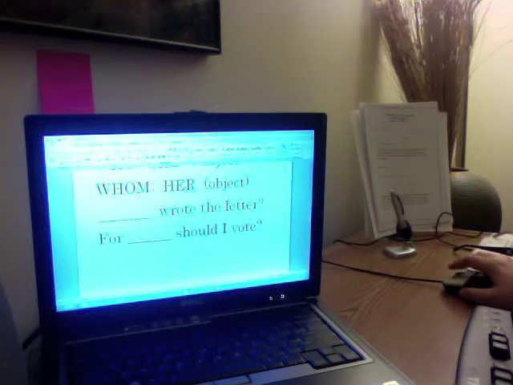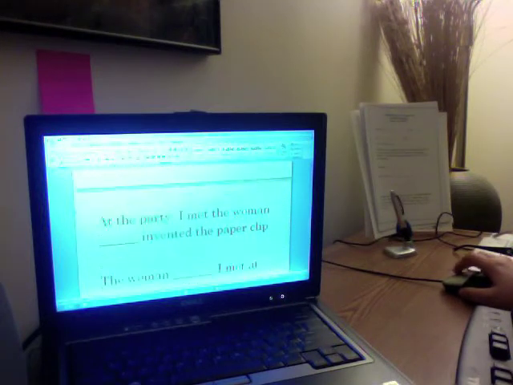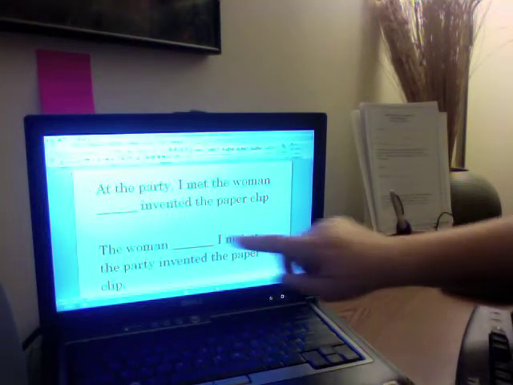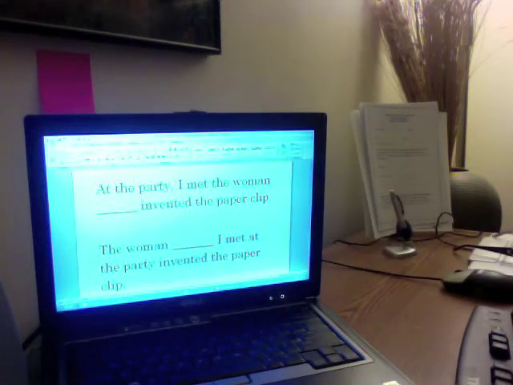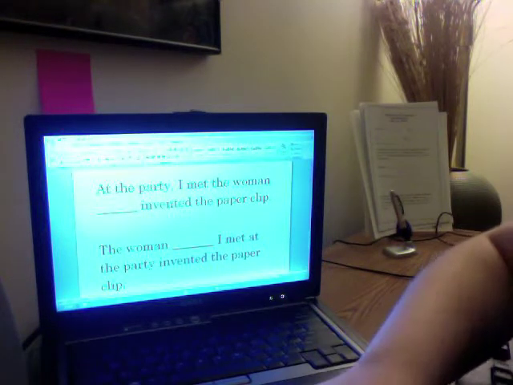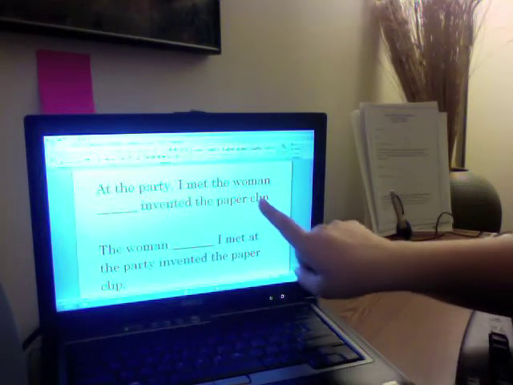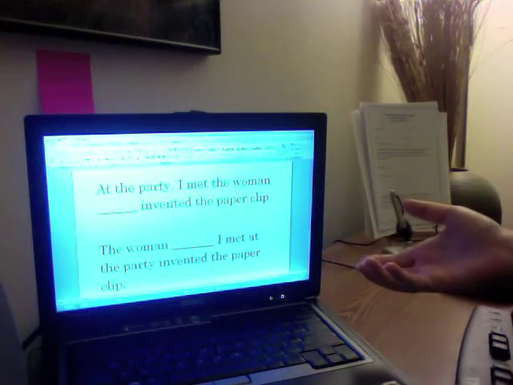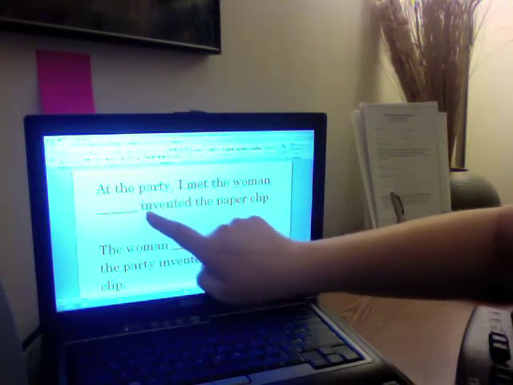Let's look at another example here that does not involve a question. These two involve sentences. So, taking a look at this first sentence here, it says, at the party, I met the woman who or whom invented the paperclip. Okay, in this sentence, you have what we call two clauses in one sentence, and you have a relative pronoun.